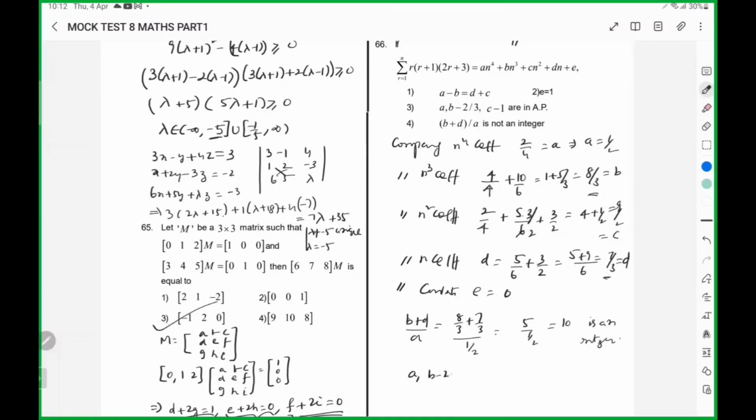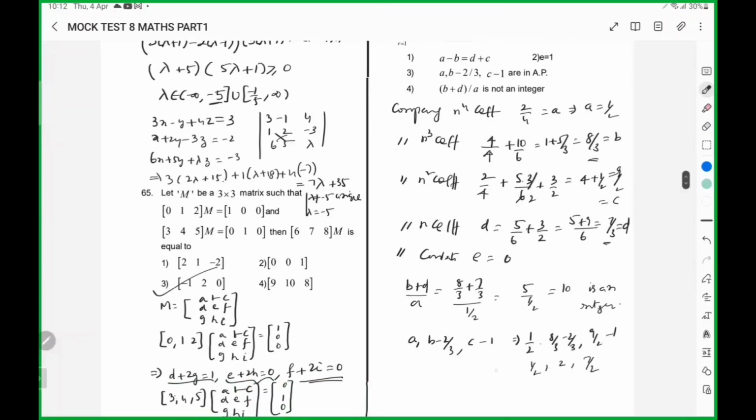Now A, B minus 2 by 3, C minus 1: A is half, B minus 2 by 3 is 8 by 3 minus 2 by 3, which is 2, C minus 1 is 9 by 2 minus 1, which is 7 by 2. So 2 minus half is 3 by 2, and 7 by 2 minus 2 is 3 by 2. So these are in AP. The option is correct.